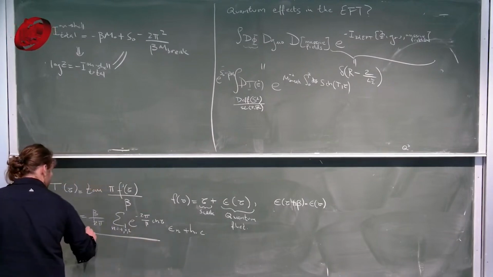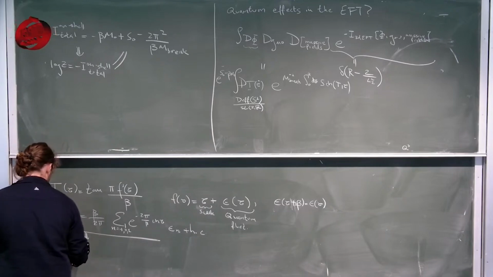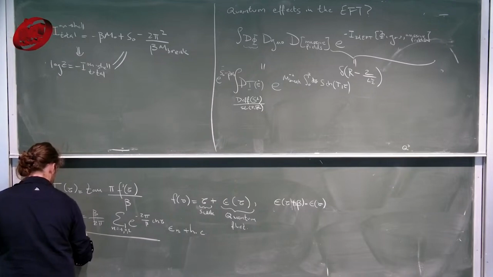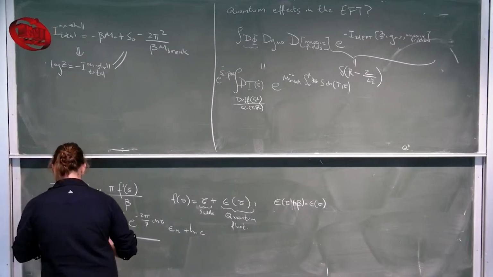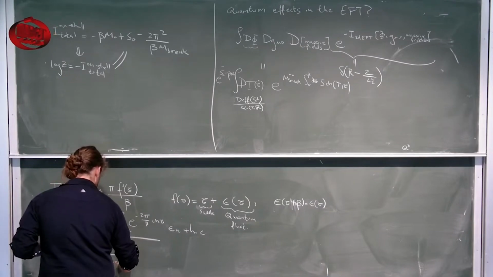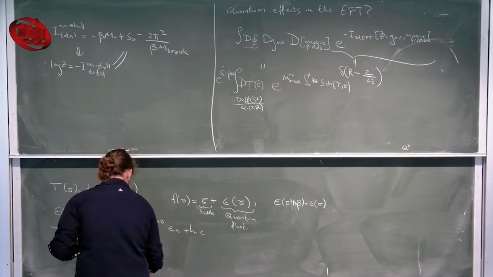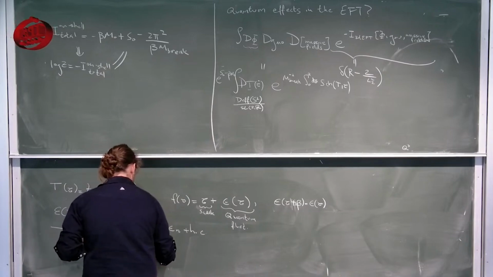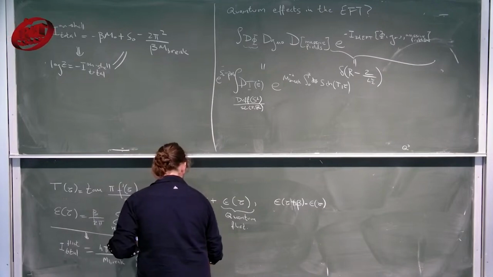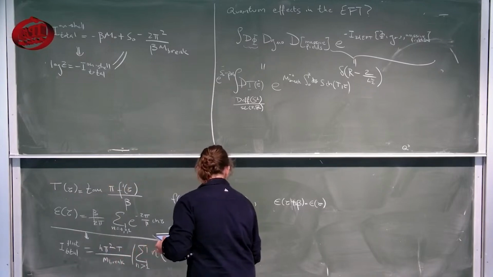So I get that the total fluctuating action is given by 4 pi squared divided by m break times T times the sum, starting at n strictly bigger than 1, of n squared times n squared minus 1 times epsilon minus n epsilon n, plus terms that scale like epsilon cubed.